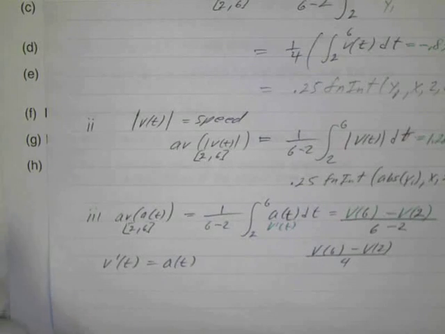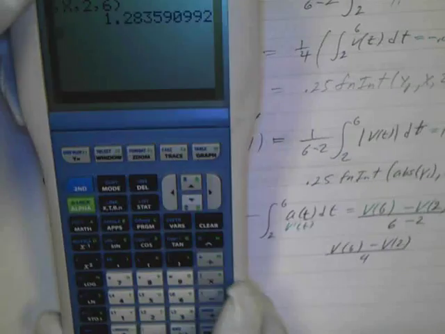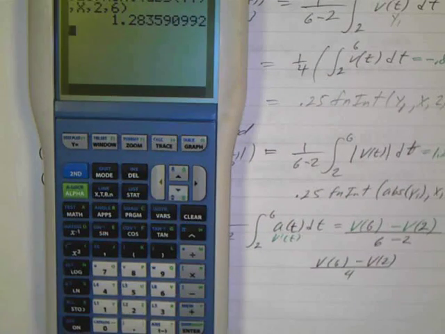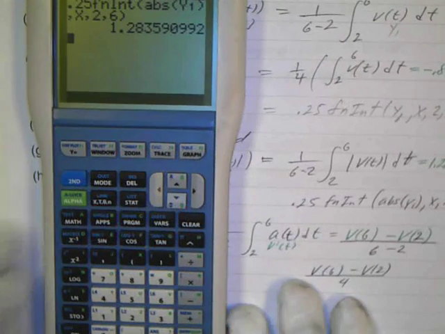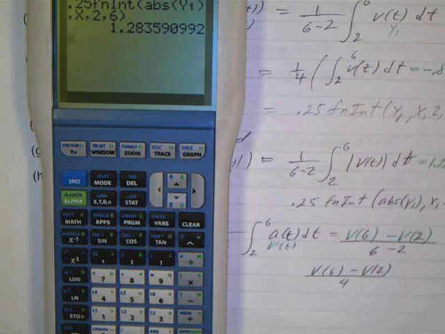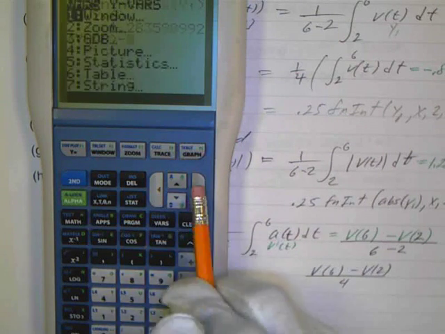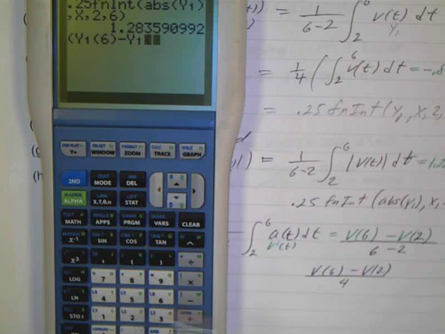So we can do that on our calculator easy enough because v is already y1. So what I can do is put a parentheses around there and go var, y bars, enter, enter, at 6, minus parentheses at 2, and all divided by 4.